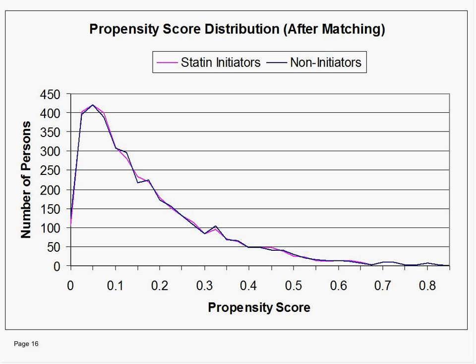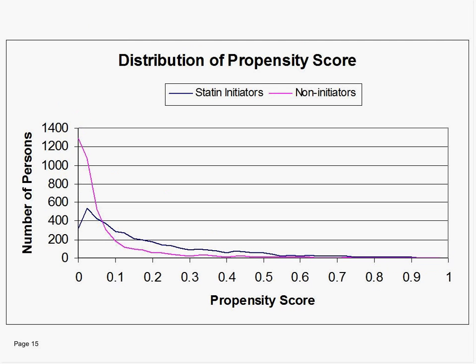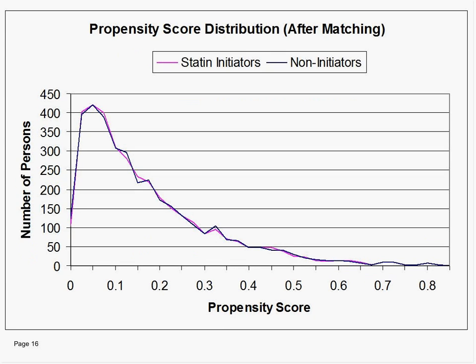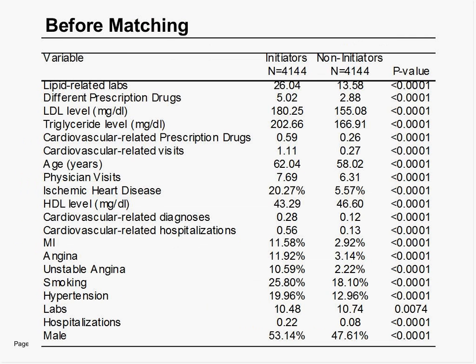An important feature of matching, though, is that the very highest propensity scores, in this case people who have a propensity score above 0.9, were not matched. You can see now in the matched curves, the highest propensity score is around 0.88.